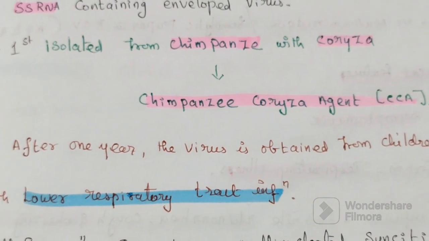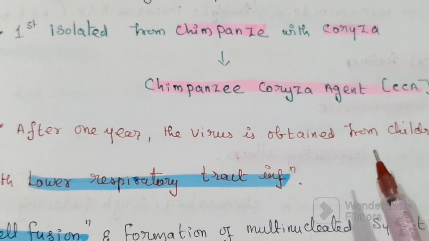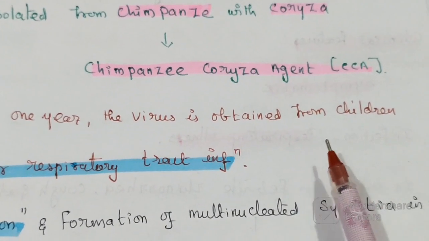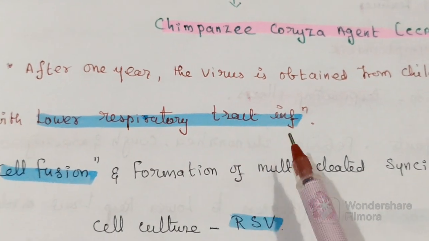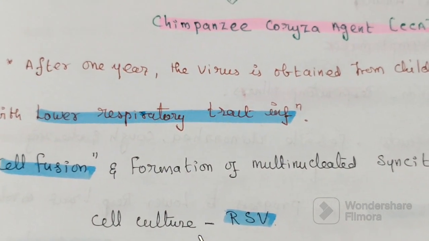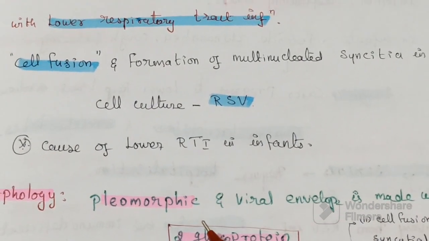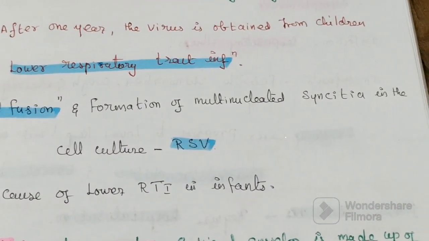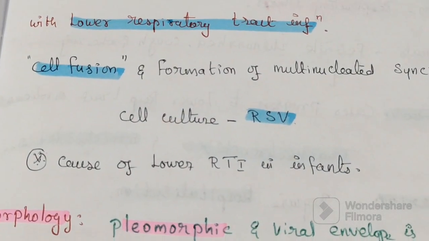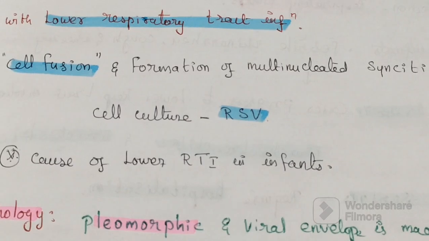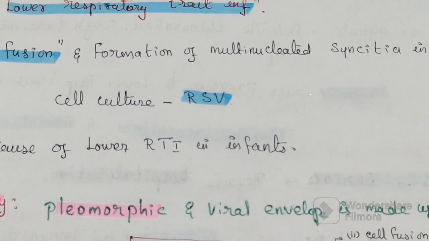First isolated from a chimpanzee with coryza, so it had the name CCA. After 1 year, the virus was isolated from children with lower respiratory tract infection, where it caused cell fusion and the formation of multinucleated syncytia in cell culture.